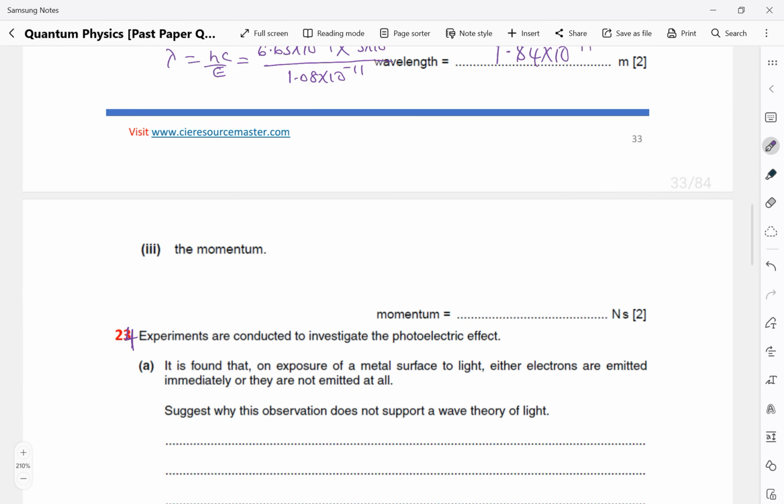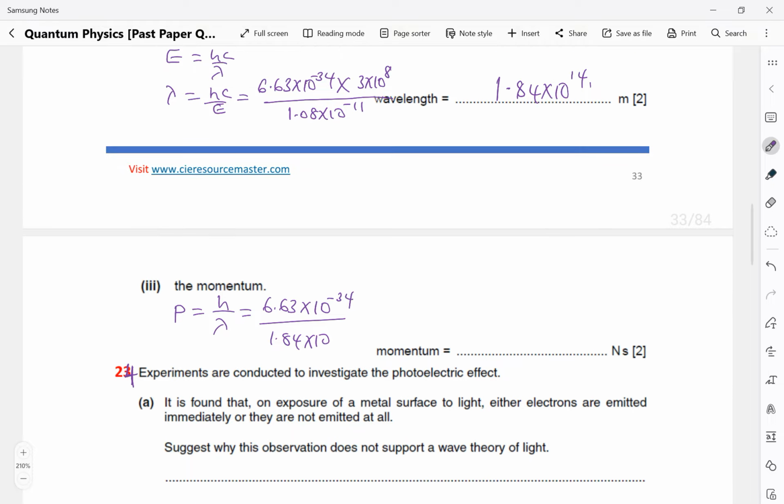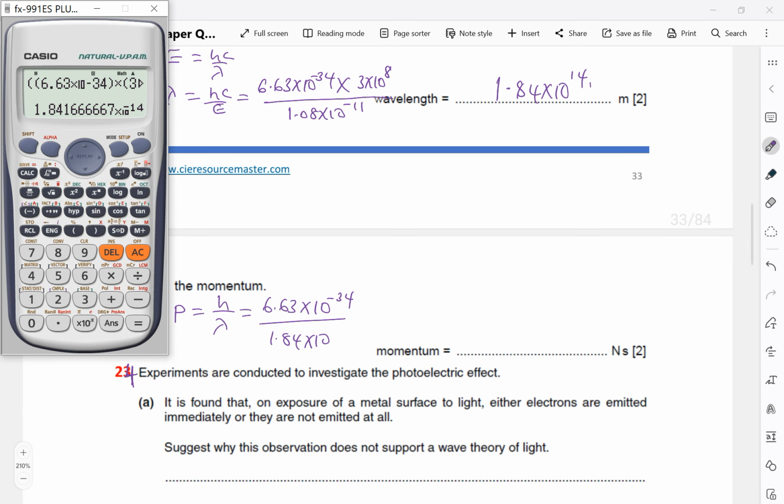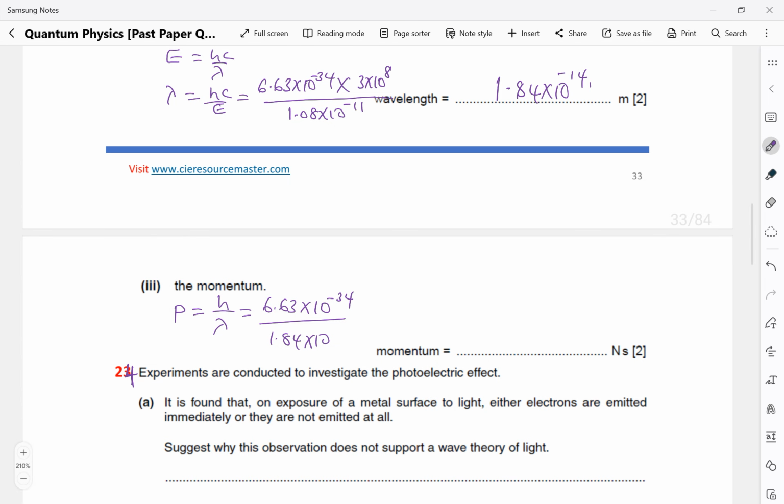Then determine the momentum. We already know that the momentum of a photon is equal to h over the de Broglie wavelength. So this is going to be 6.63 times 10 to the power of minus 34 divided by the wavelength, which is 1.84 times 10 to the power of minus 14.